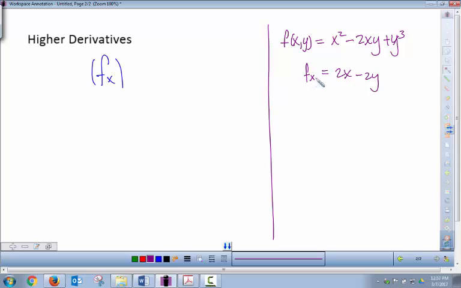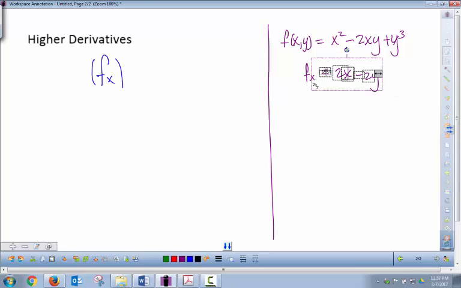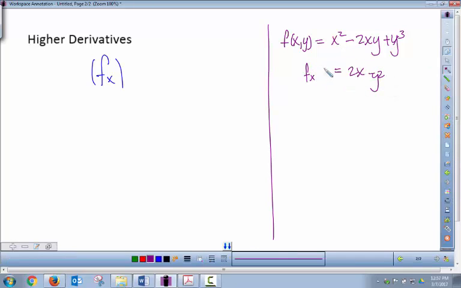Now fx in turn is actually a function of x and y also, right? So if we have a function of x and y, then we can potentially take the derivative with respect to x or with respect to y.